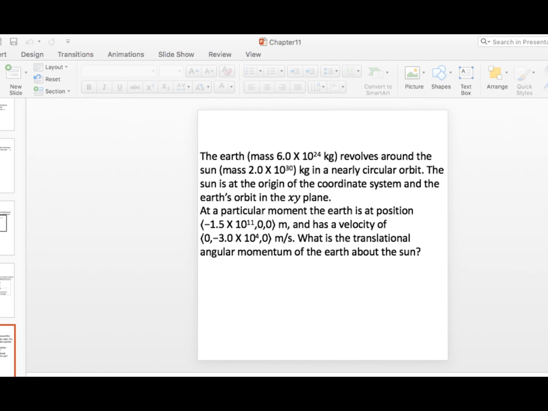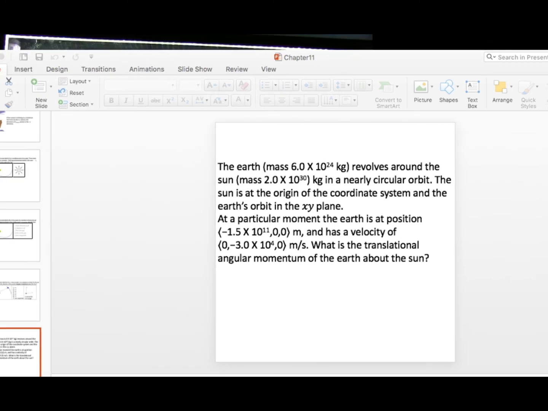We're given the position of the Earth with respect to the Sun, and the velocity of Earth, and hence the momentum of Earth. So what is the translational angular momentum of the Earth around the Sun?